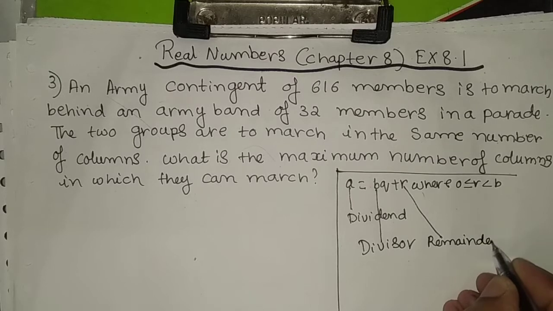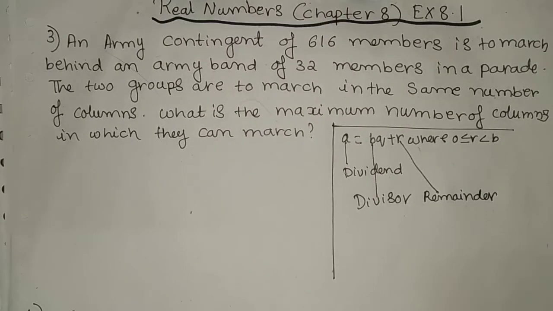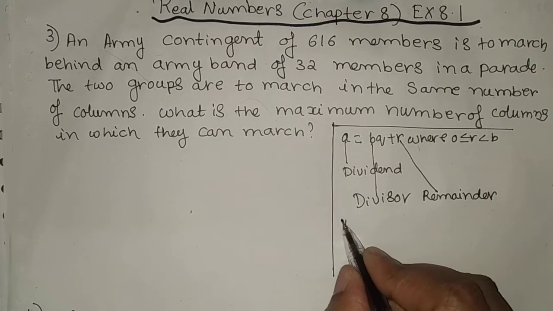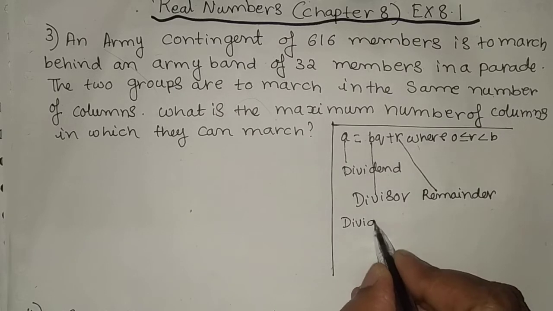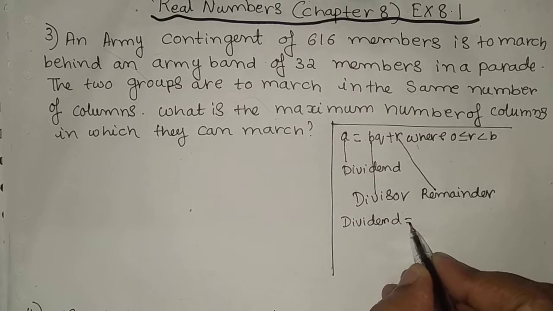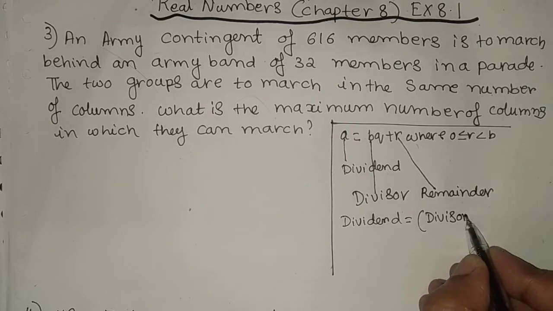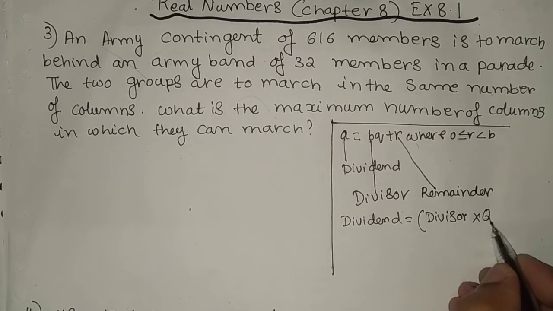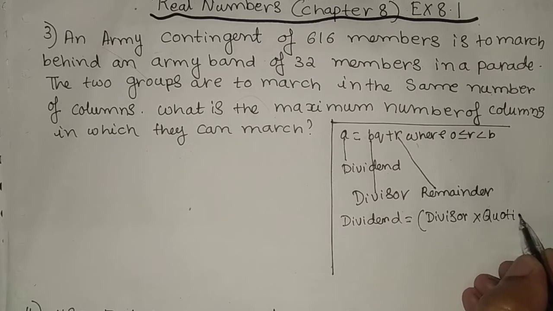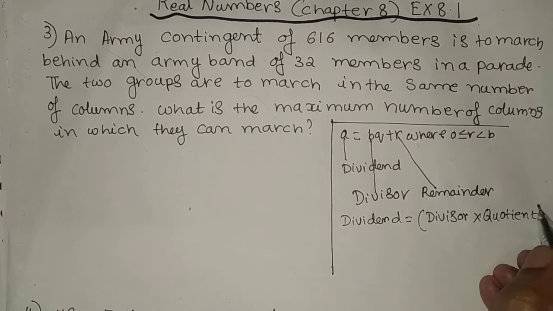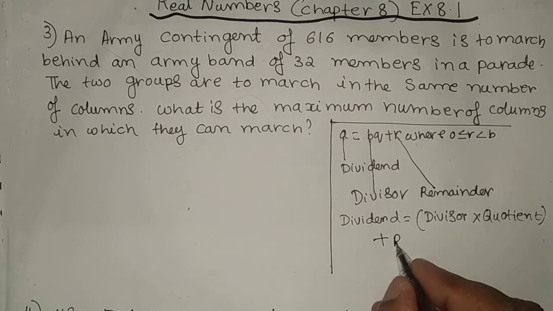r is the remainder. So what is the formula we can write? We substitute: dividend is equal to divisor into quotient plus remainder.